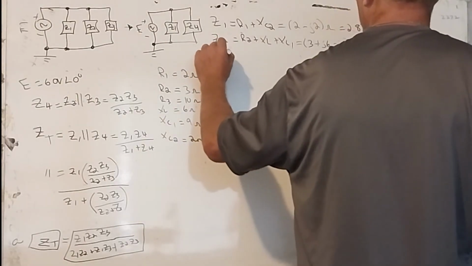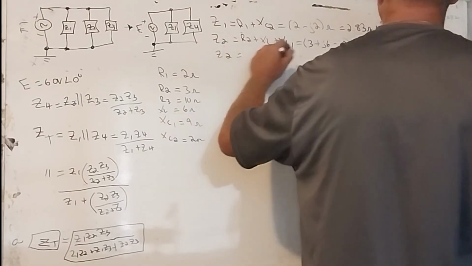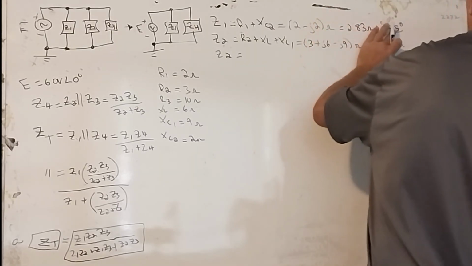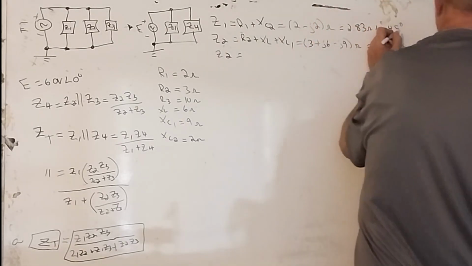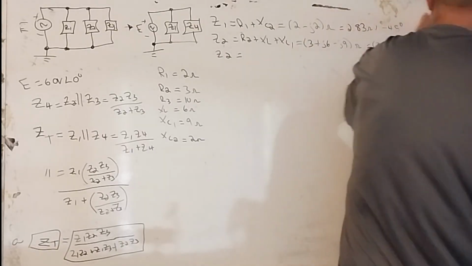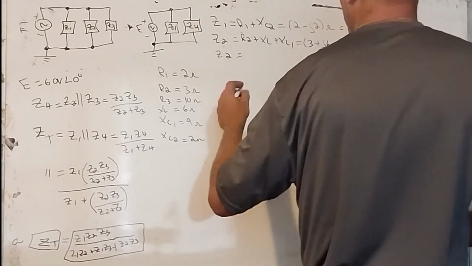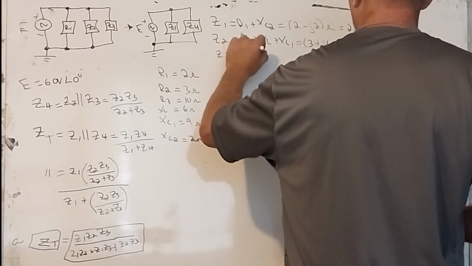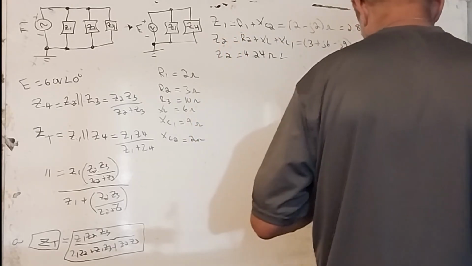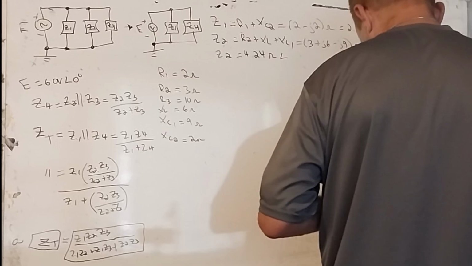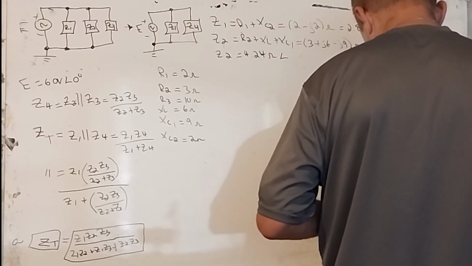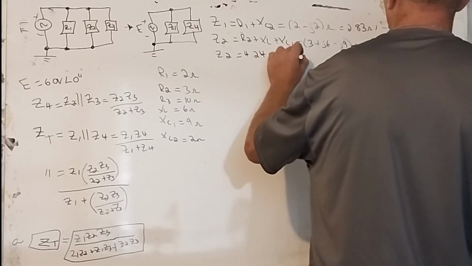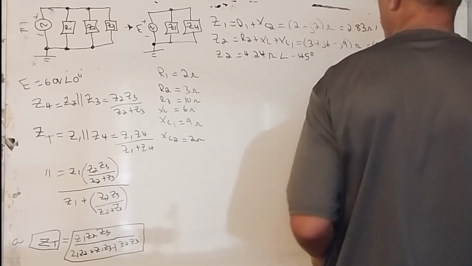So Z sub 2 is equal to... I don't want to do that because I like to put boxes around answers. Z sub 2, 4.24, negative 45 degrees, straight inverse tangent of negative 3 divided by 3, which is the same as 1, yeah, negative 45 degrees.